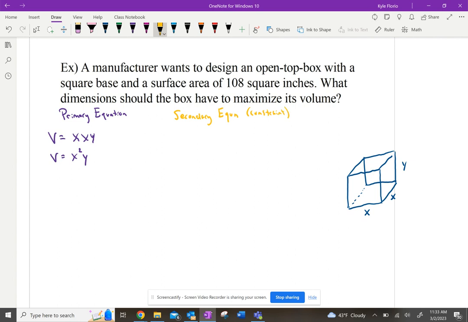The surface area, I'm going to call it SA instead of A, but you can call it A. The surface area of this whole thing, and remember, it's an open top box. So we just need to find the area of the four walls and the floor. The area of the floor is x by x, or x squared. The area of one wall is x times y.